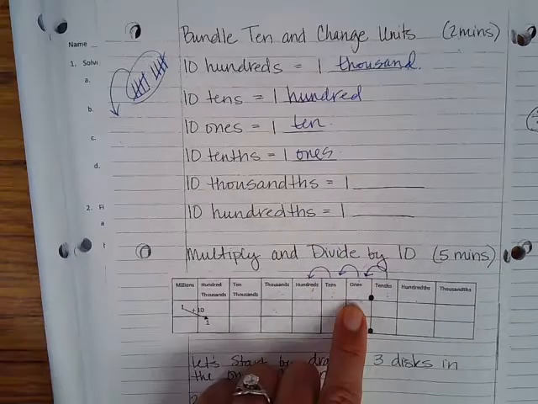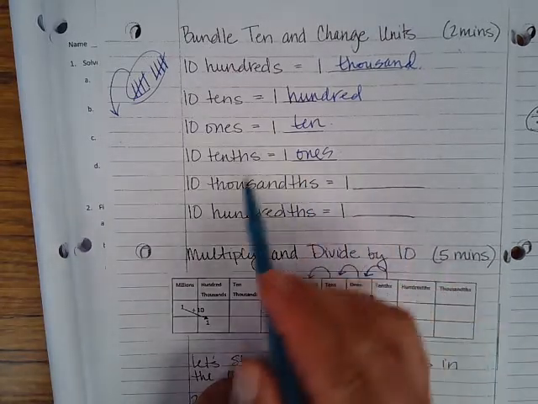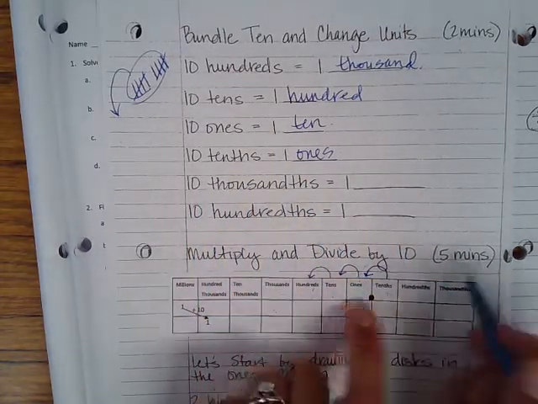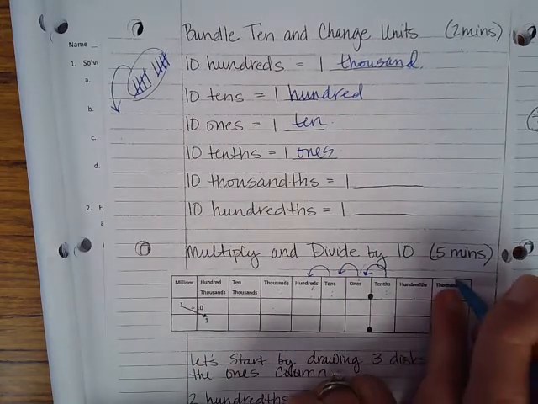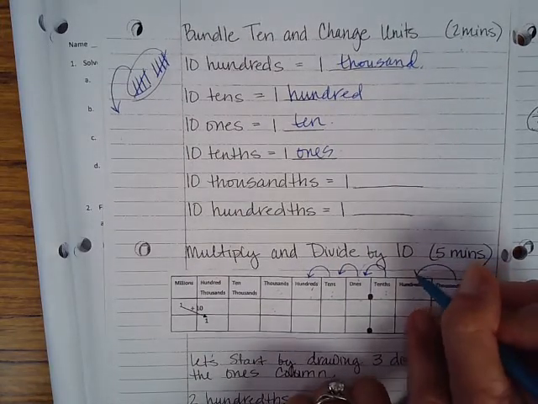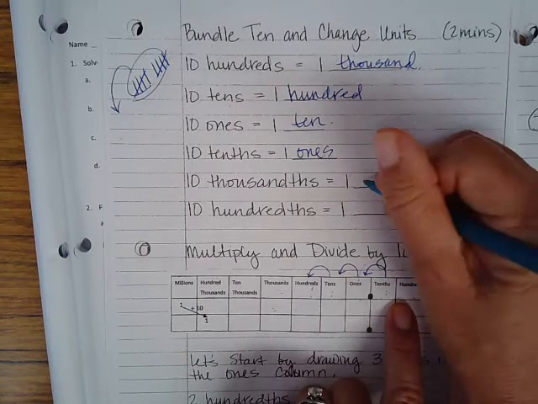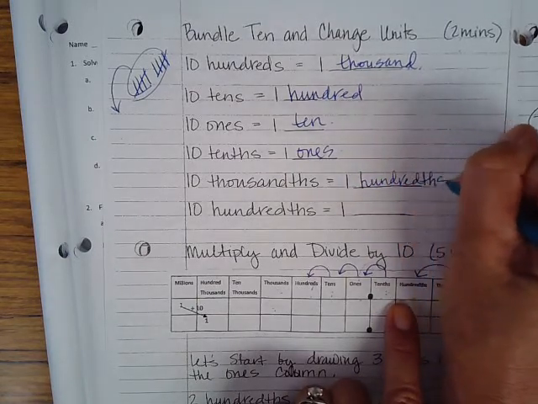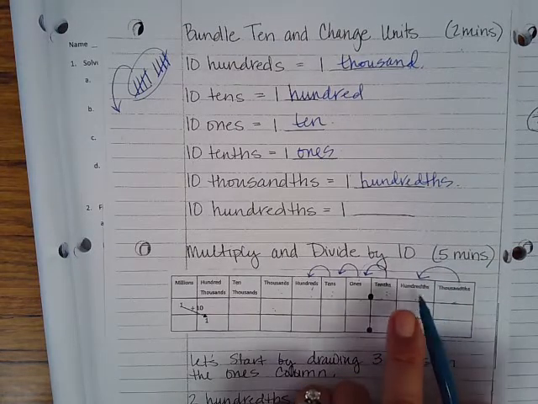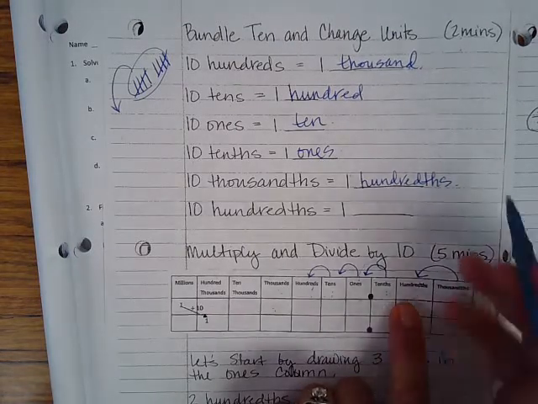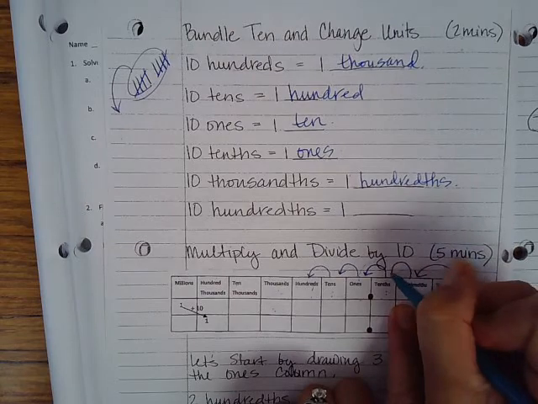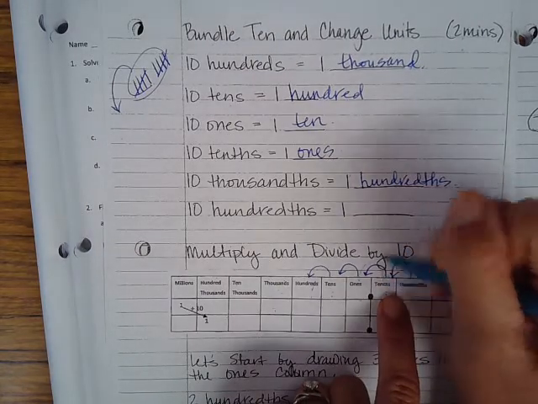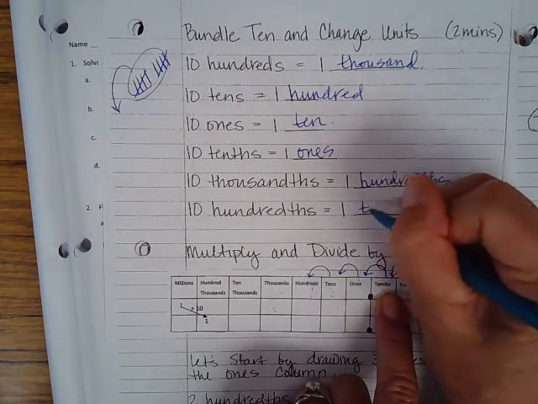How many? All right. So now if I have 10 thousandths, it's going to move to 1 hundredth. And then if I have 10 hundredths, I'm going to move and it's going to become 1 tenth.